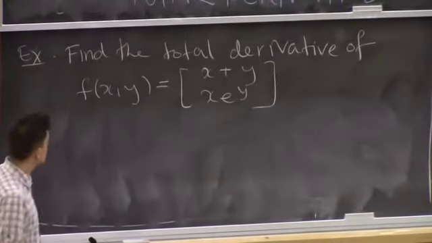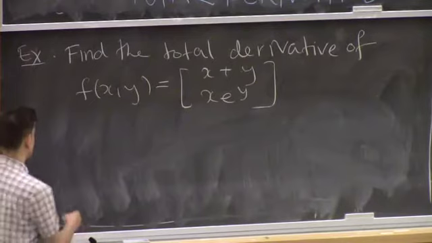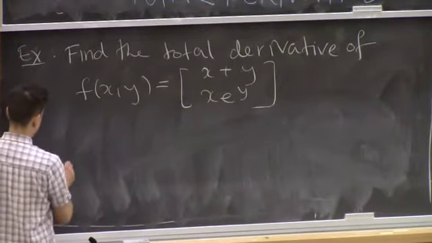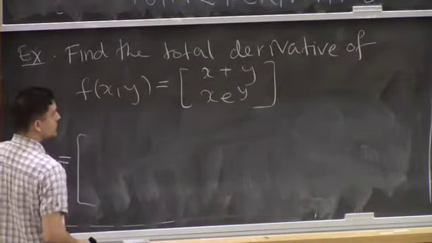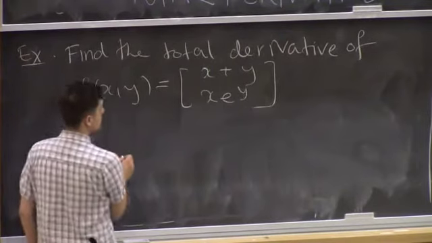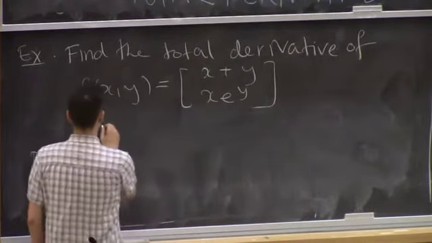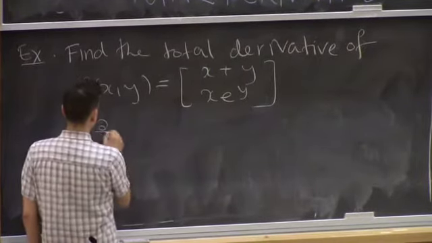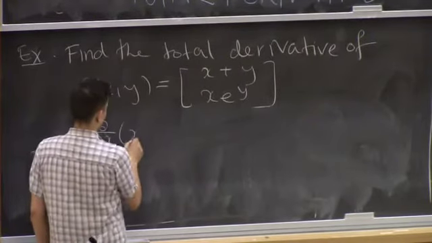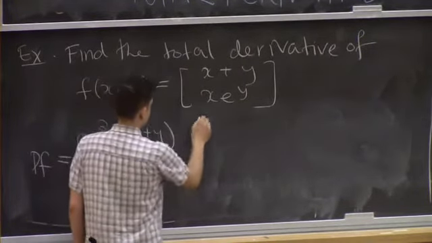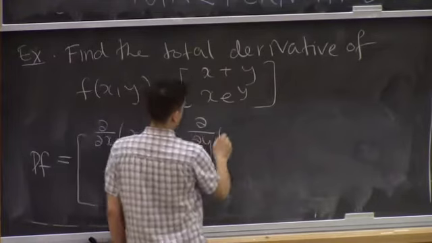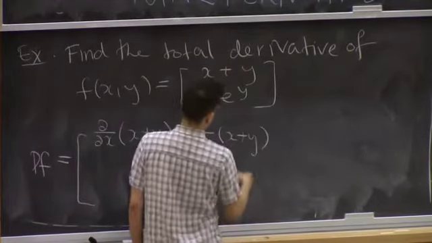Okay, so what do we do to get the total derivative? We take the derivative of all the components. So we say partial, like this.